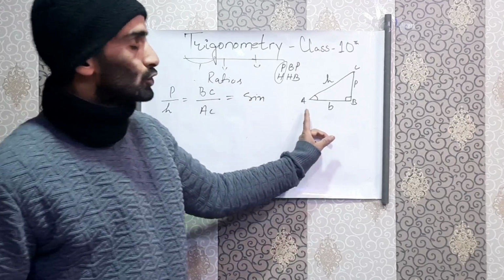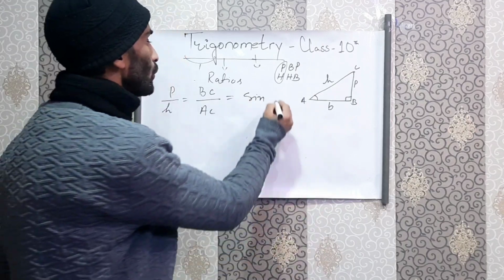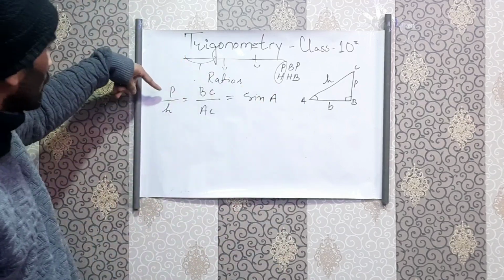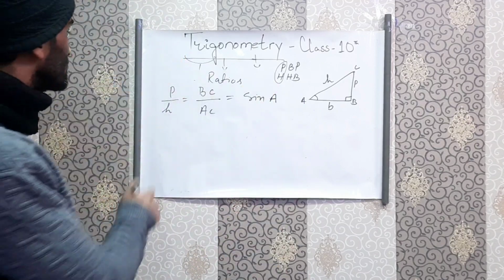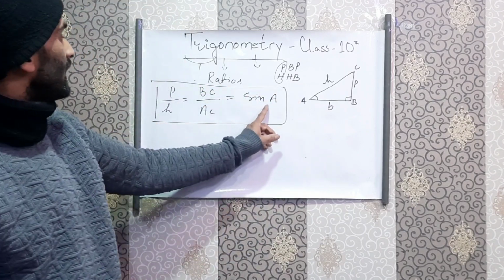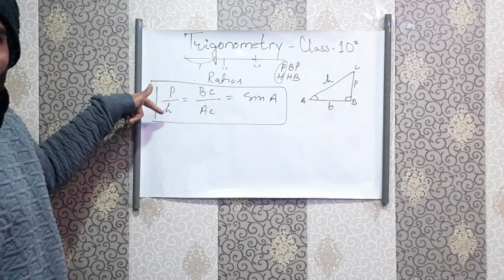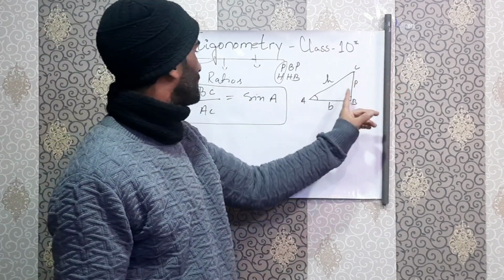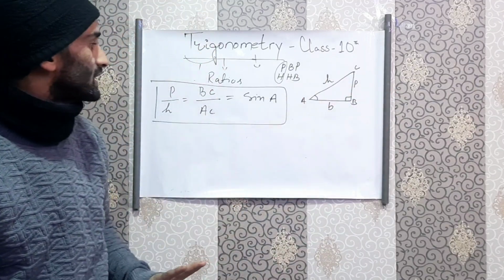Which angle have we chosen? A. So we can write it as sine A. Means sine is equal to perpendicular by hypotenuse. This is the first ratio. Sine A is equal to perpendicular by hypotenuse, that is BC by AC.